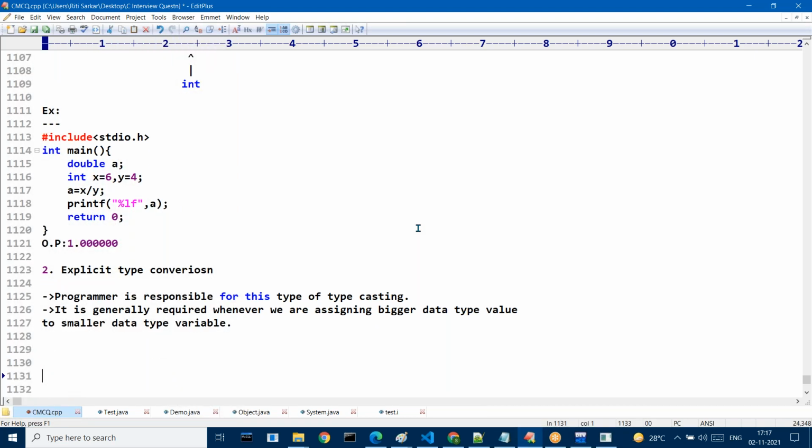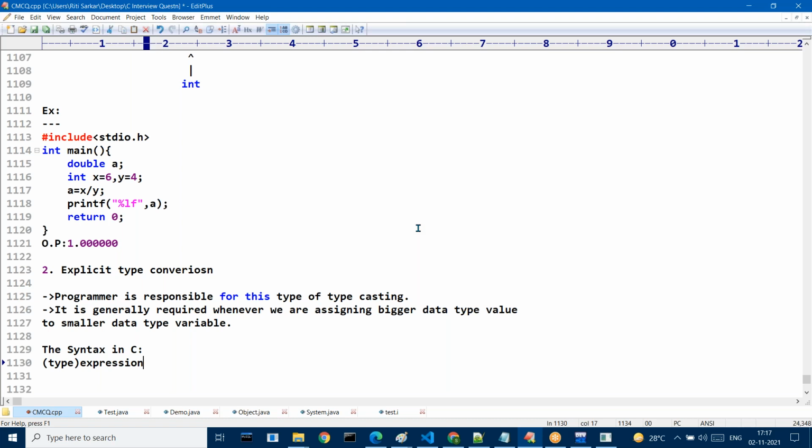Generally, this is the case where explicit typecasting is required. What is the syntax, sir? The syntax in C is simple: type followed by expression.